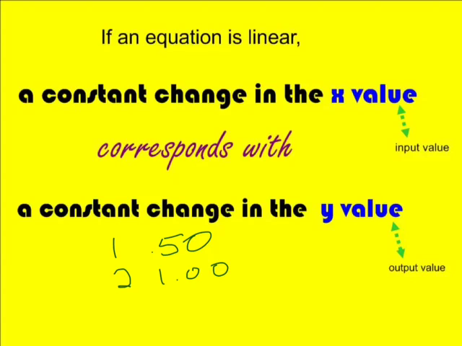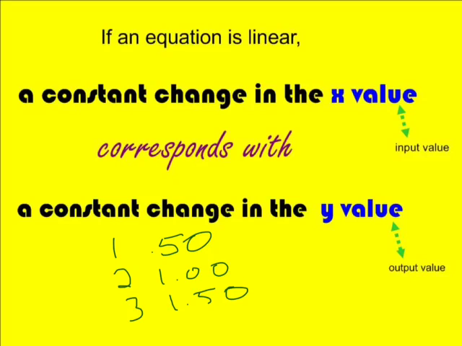You doubled the x value and you also doubled the y value. If you increased it again to 3, you would increase the 50 cents to $1.50. So the y value goes up 50 cents each time, and the x value goes up 1 each time. So that is a constant change in the x value and the y value.